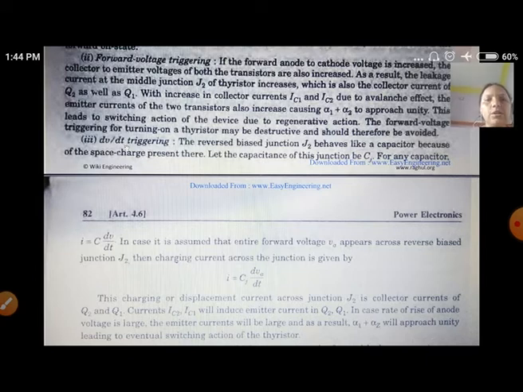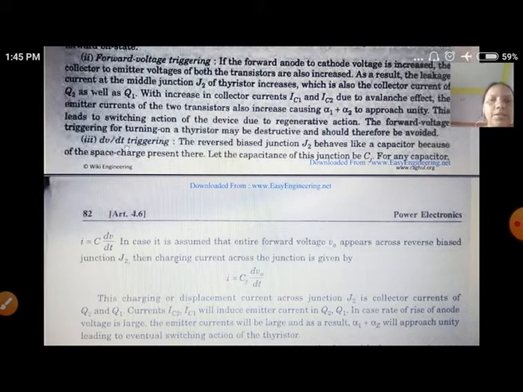This charging current, also called the displacement current across junction J2, is the collector current for Q2 and Q1. So this charging current behaves as the collector current for Q2 and Q1. So the collector currents IC2 and IC1 of transistors Q2 and Q1 will in turn induce emitter current in Q2 and Q1. After the increase in the emitter current level, what happens?